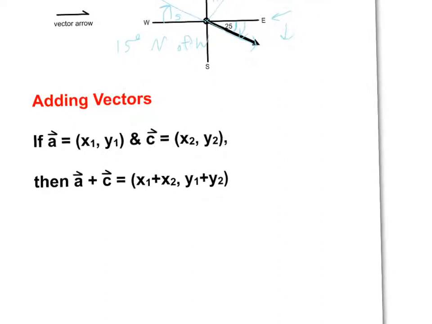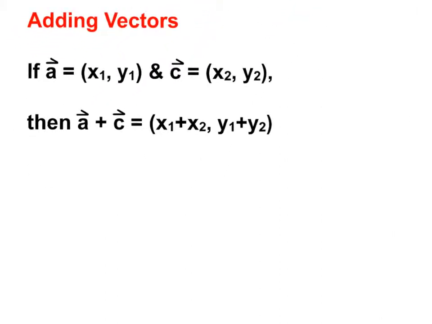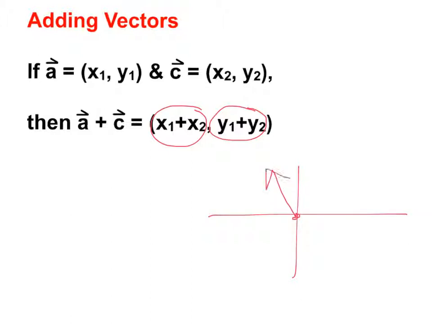So here we're adding vectors now. The way we add vectors is all we do is we add the x's and we add the y's, and those are the coordinates for our new vector. Now, supposing that I had a vector of a ship. This was the vector of the ship. And likewise, I had the vector of the ocean current going this way.